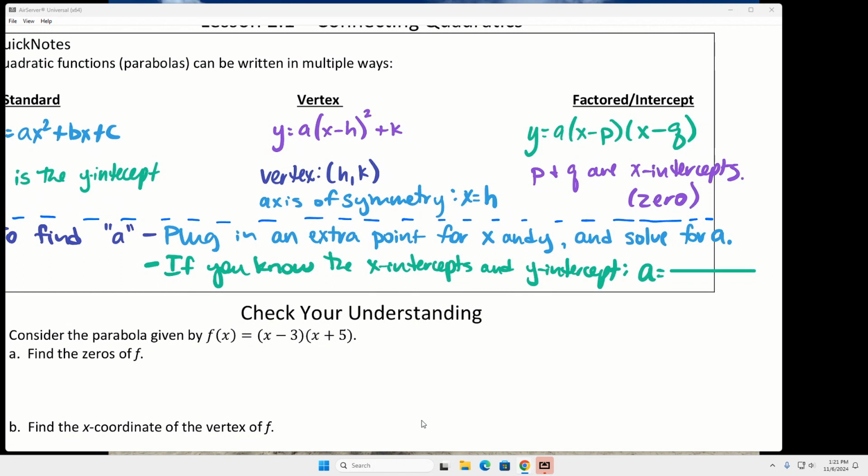In the numerator, you're going to have the y-intercept, and you're going to divide that by the x-intercepts multiplied by each other. Or it's possible I learned that somewhere along the way. I just never have taught it until last year.